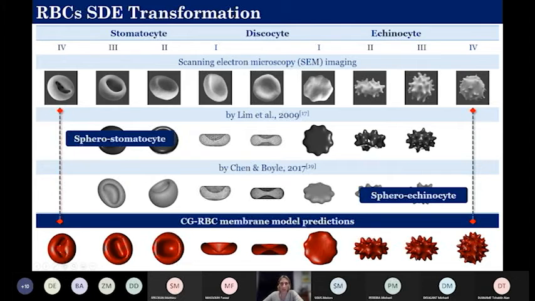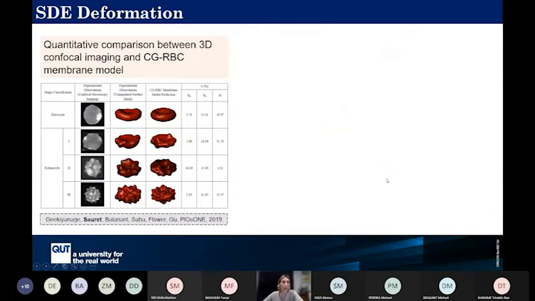We also set the surface area ratio of the red blood cells, the total volume of the red blood cell, etc., that we can then control, basically, to obtain those different morphologies.